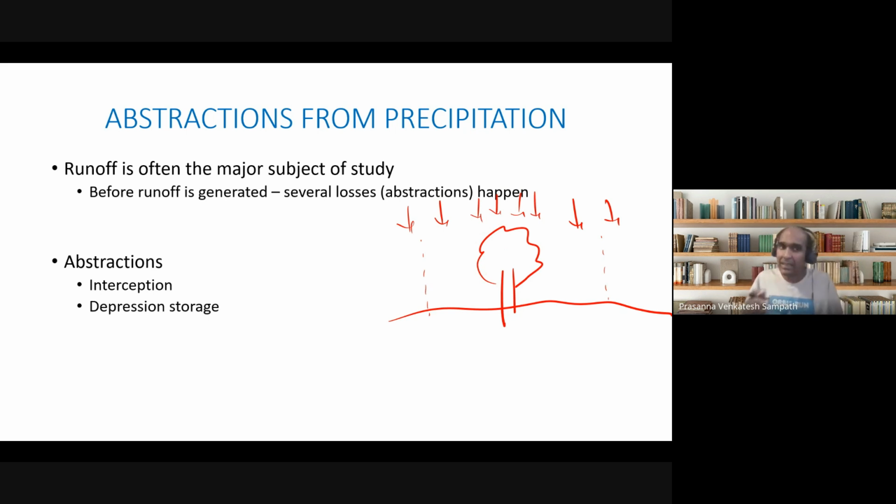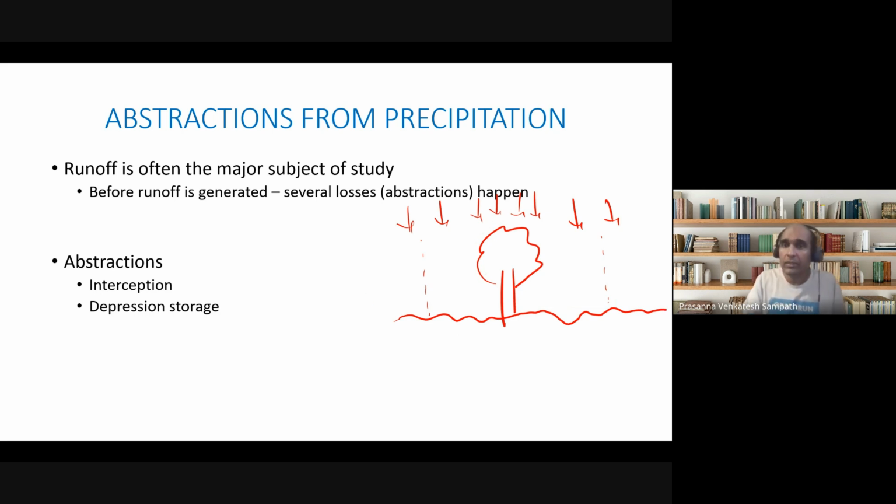Then the next thing that happens is, suppose I have, okay, I drew this surface too casually, I have to be a little bit more careful. Let us say the land surface has got these little depressions, right?